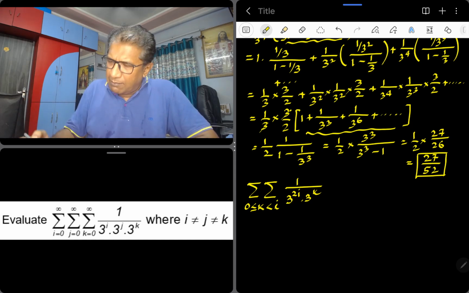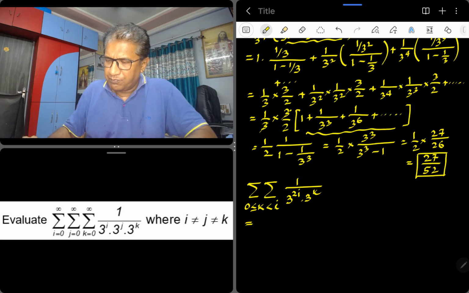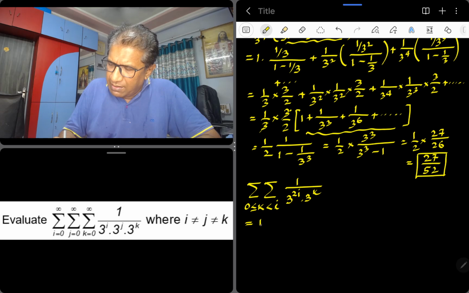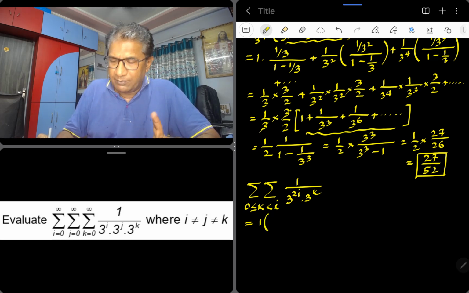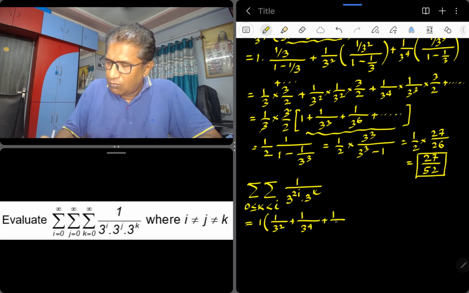So let us find the sum of these terms of that series. k will start from 0. So if k is 0, it will become 1, and your i is starting from 1. So it will be 1 by 3 square, 1 by 3 to the power 4, 1 by 3 to the power 6, and this thing goes on.